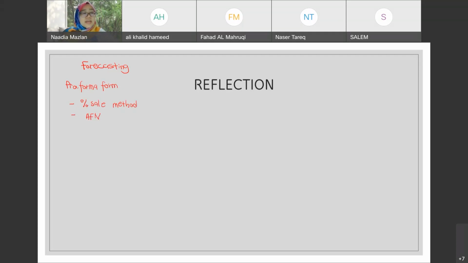What we learned a lot last week was the percentage of sales method. So we take the sales as something that we can anticipate.